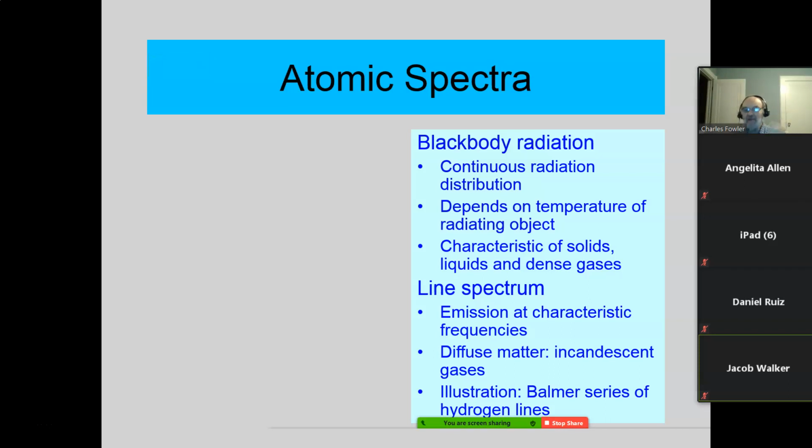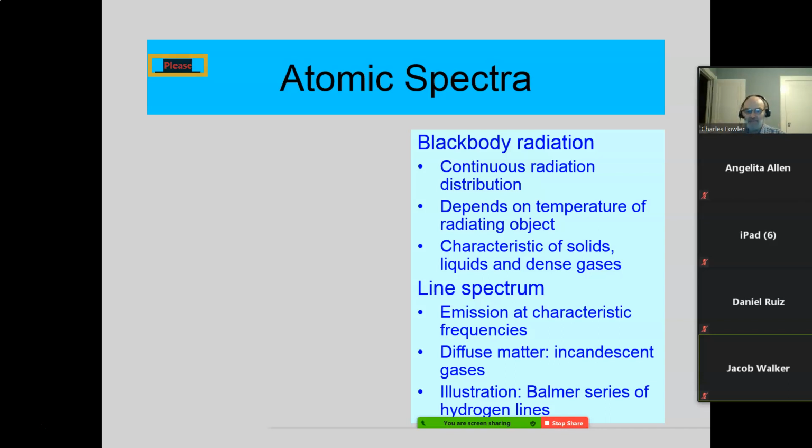That's characteristic of many solids, liquids, and very, very dense gases, because you have such a mixture of things that are in the way.